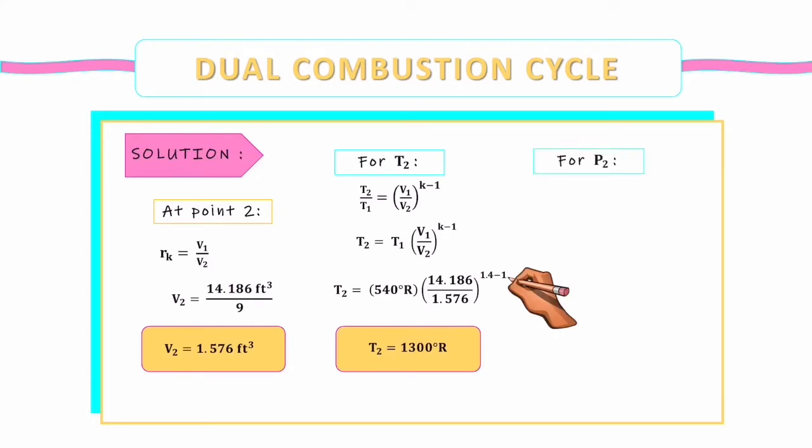Solving for the pressure at point 2, we can use the formulas P2 over P1 equals V1 over V2 raised to K, or P2 over P1 equals Rk raised to K, since Rk is equal to V1 over V2.